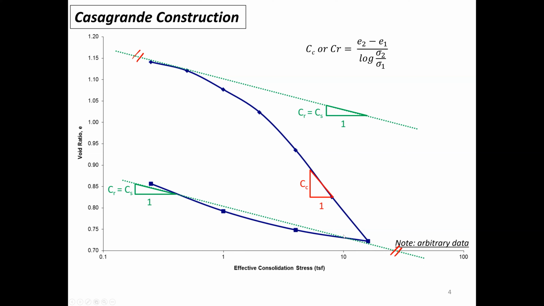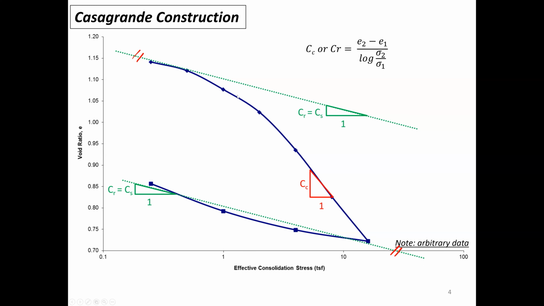lower portion one if it is available, because with this rebound one, you have already mimicked and created the maximum past pressure in the lab. So in that sense, you erase any soil disturbance that you may have from the top.